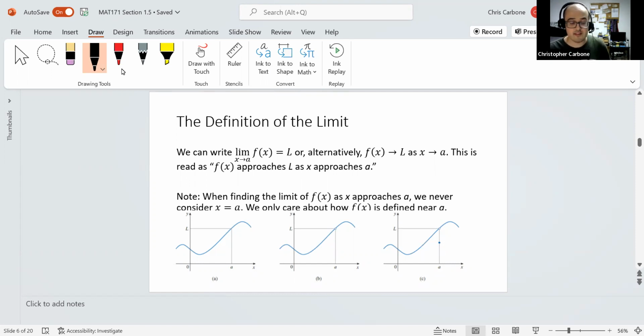Sometimes we have something like this, which is graph A in this picture here, right? We have ourselves a graph. I'm going to use a vocabulary term that we are not going to talk about too much just yet: it's referred to here as a continuous graph. It is constantly defined within this interval.